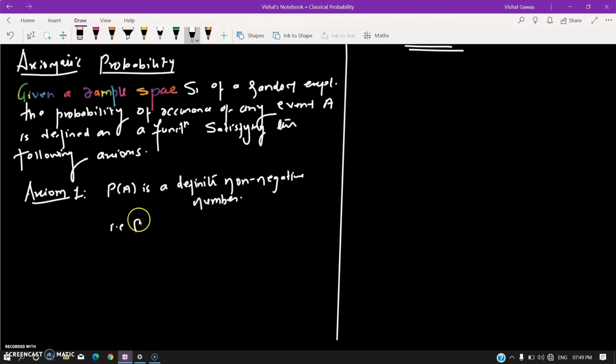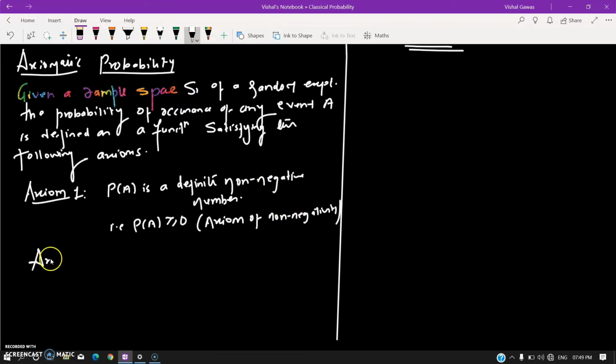That is, the probability of any event is bigger than or equal to 0. This is called the axiom of non-negativity.